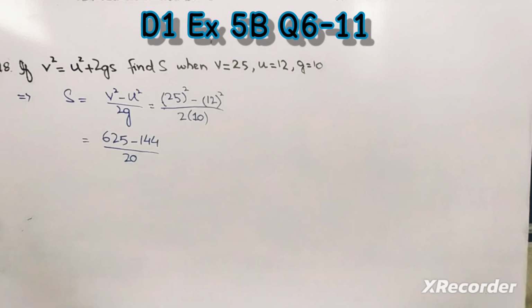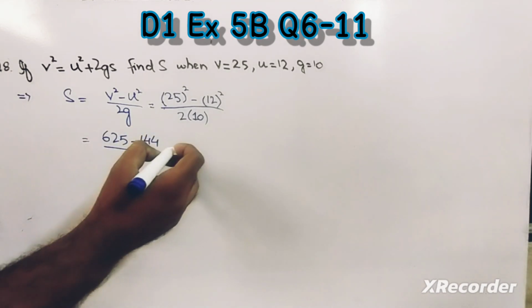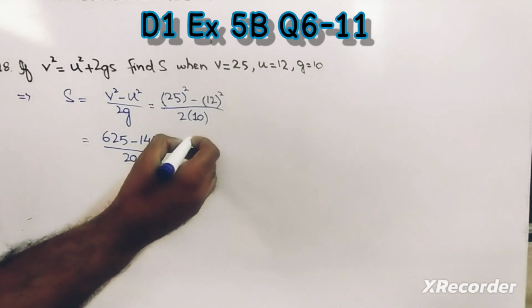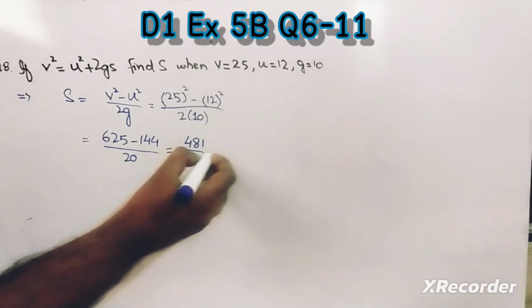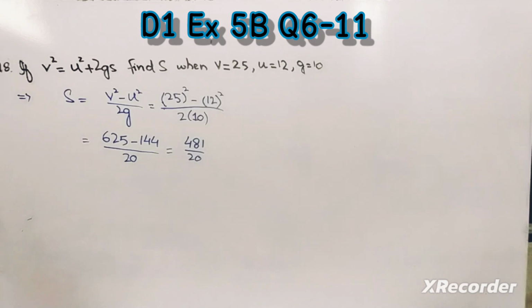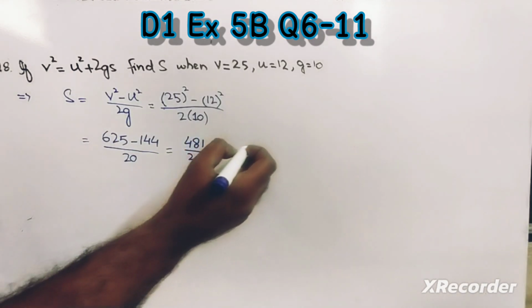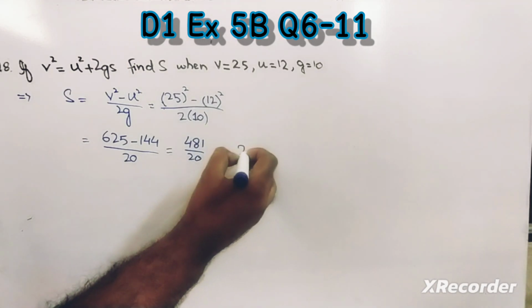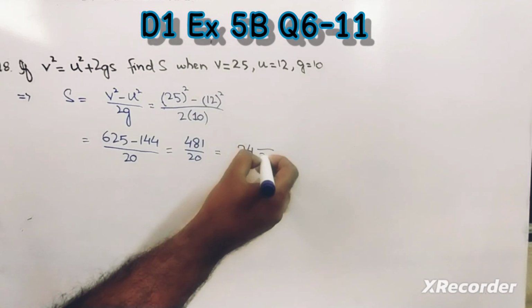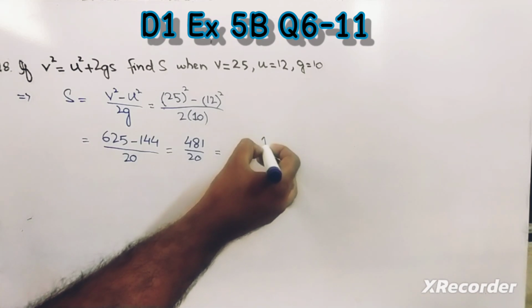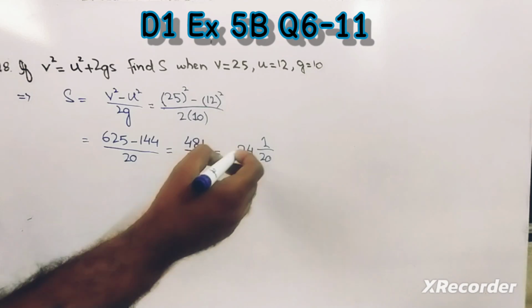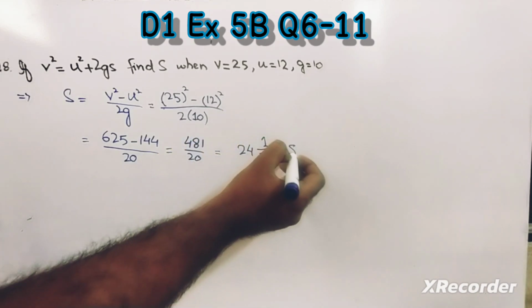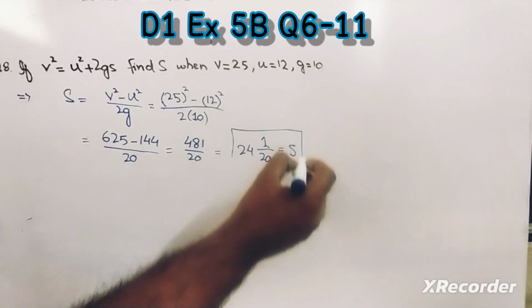So if we subtract 625 minus 144, what we get is 481 upon 20. If we divide 481 with 20, we get 24 whole, because 24 multiplied with 20 is 480 plus 1. So our s will become 24 whole 1 upon 20, and that is our required answer.